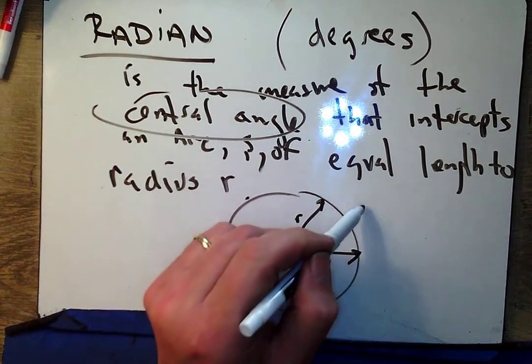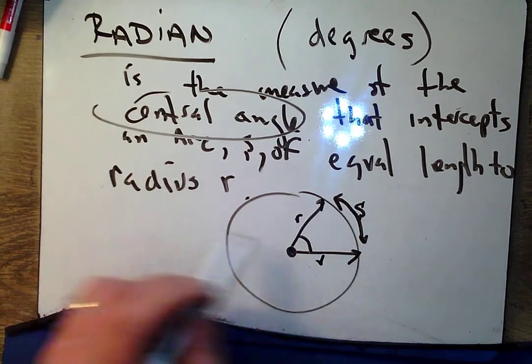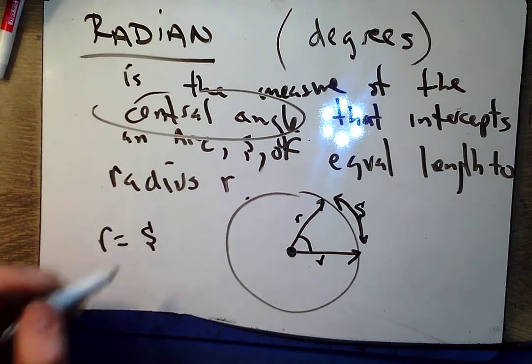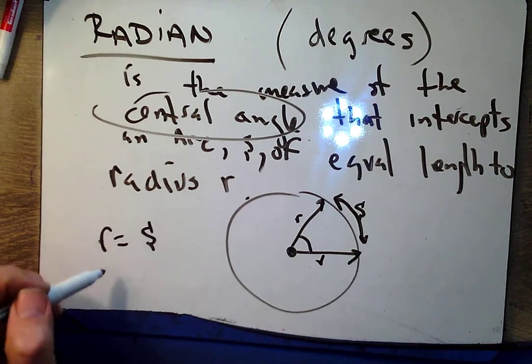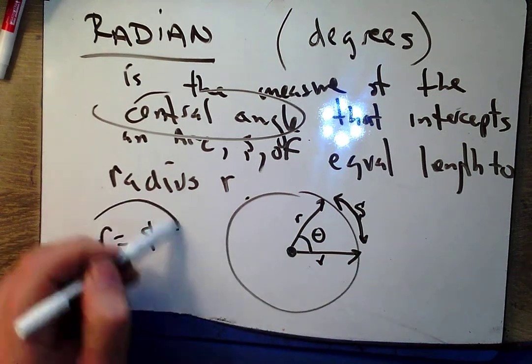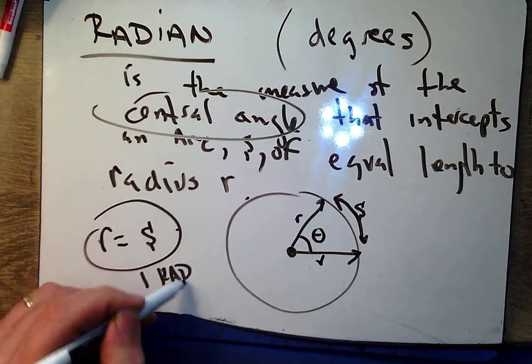That intercepts an arc. Here's the arc, S, of equal length to r. And so we're saying r equals s. And remember, r equals s. Okay? And so when we have that situation, theta is 1 radian.